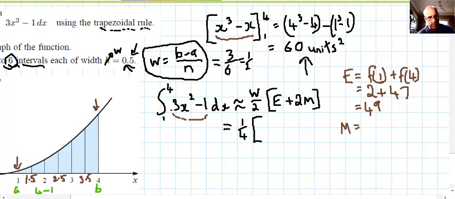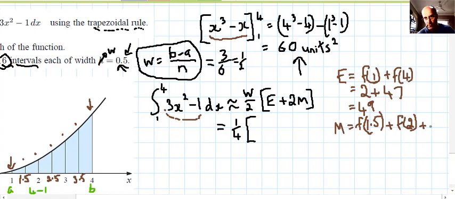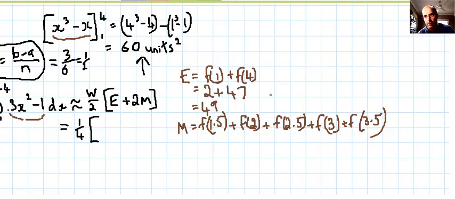We've already looked at them, they're E. The M's are going to be these other ones correspondingly here. So we've got f of 1.5 plus f of 2 plus f of 2.5 and so on, as you can see there.